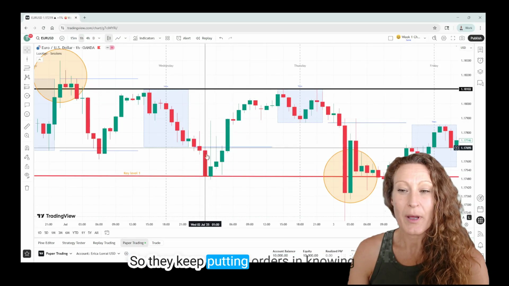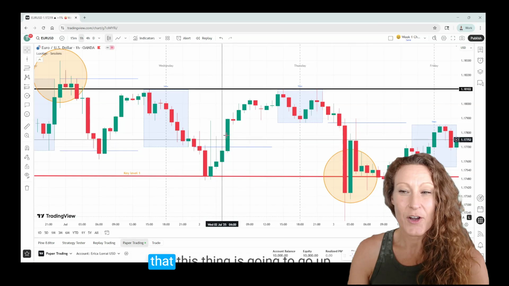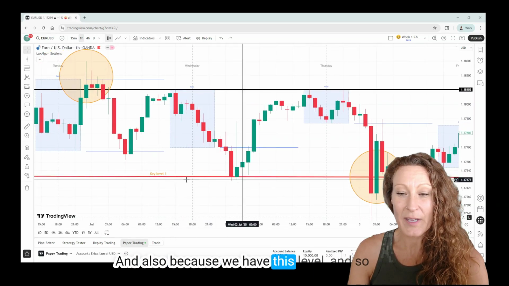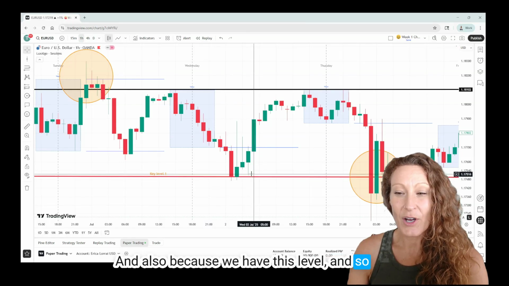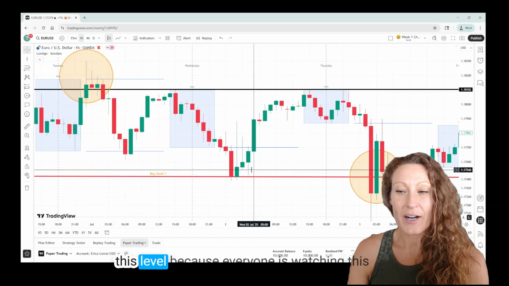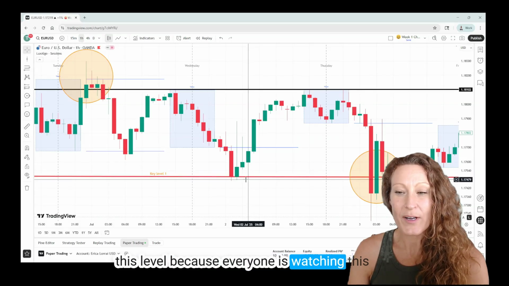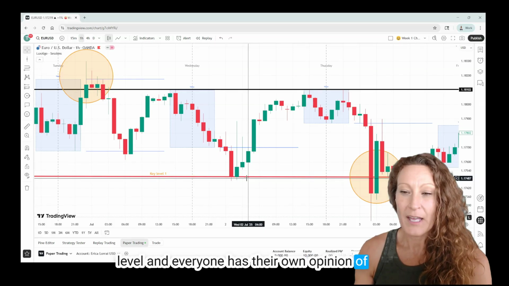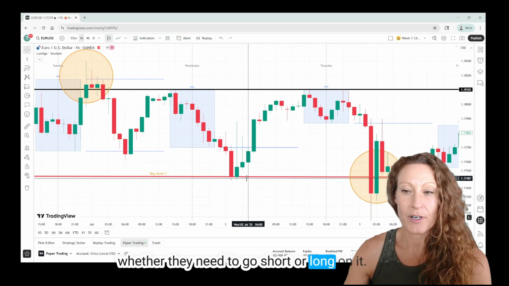So they keep putting orders in knowing that this thing is going to go up. And also because we have this level. And so the market makers are going to play around with this level because everyone is watching this level and everyone has their own opinion of whether they need to go short or long on it.